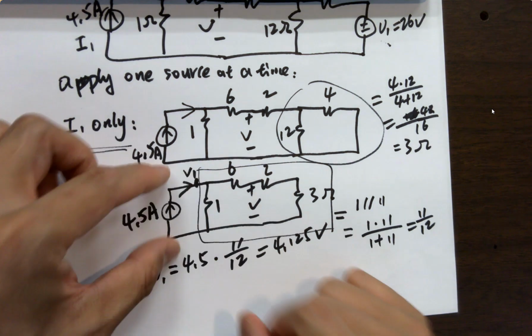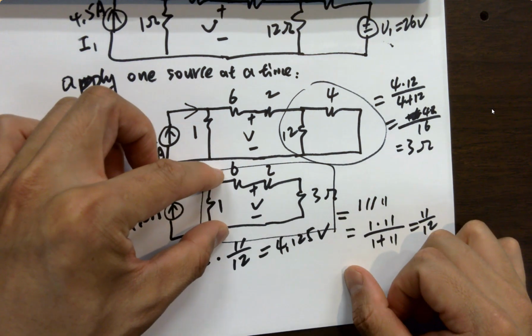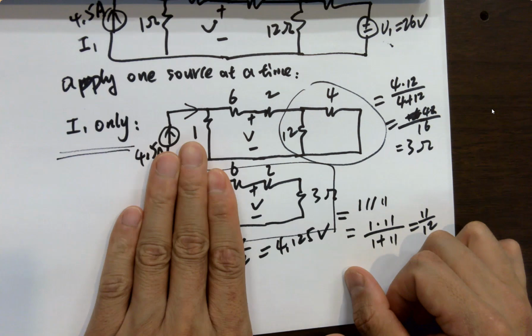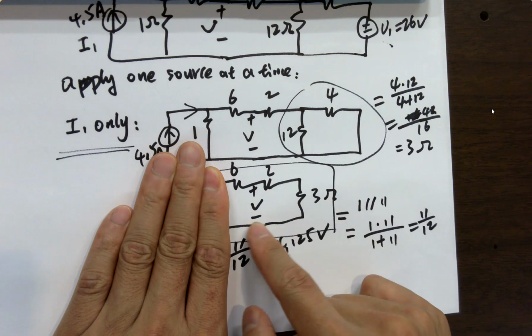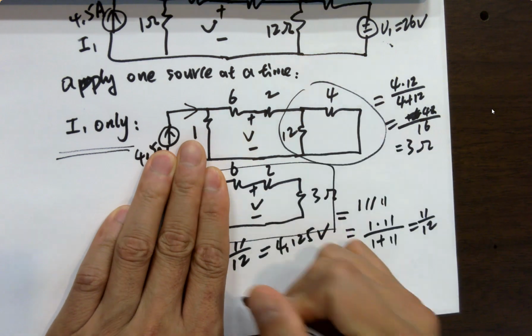So now we know the voltage here, same node, it's the same voltage here as well. Okay, you got a voltage source, just assuming there's a voltage source, and it's the same current. So what is the voltage?